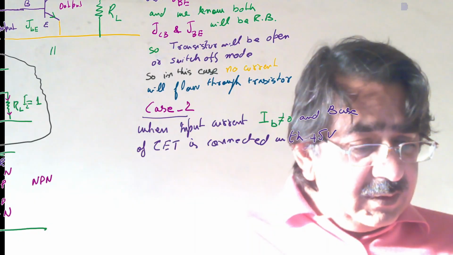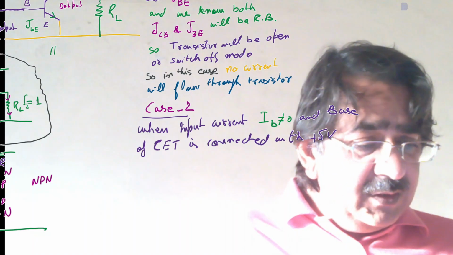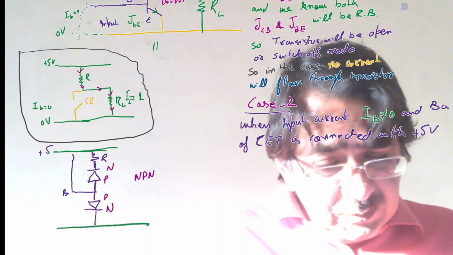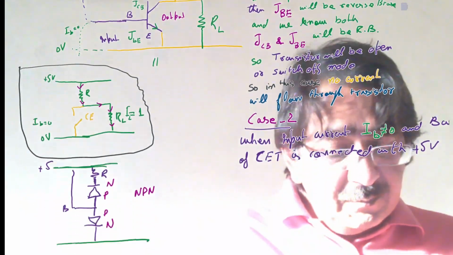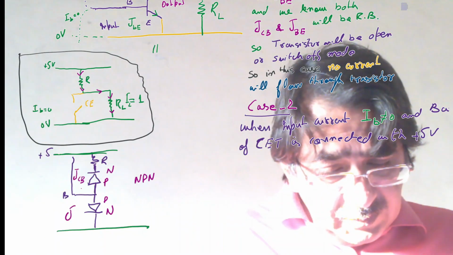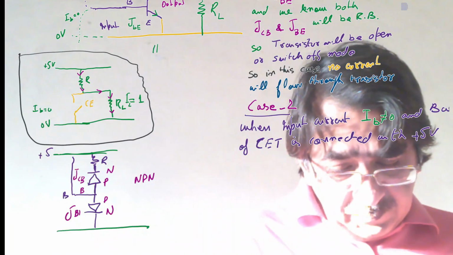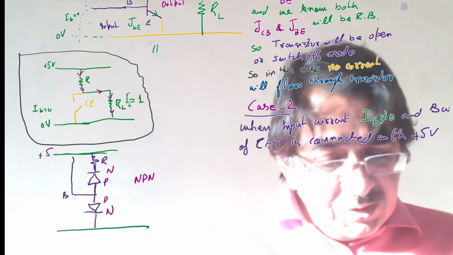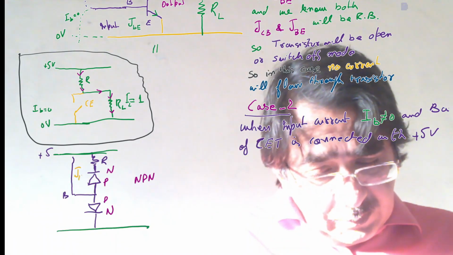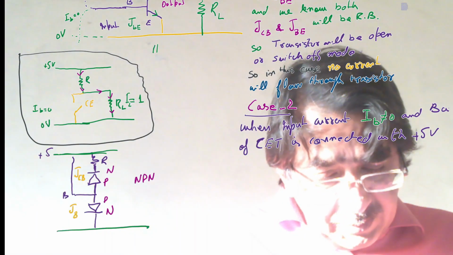When input current IB is not equal to 0 and base of common emitter transistor is connected with the plus 5 volt, then, as we know, this is JCB, and this is the base, and this will be JBE.